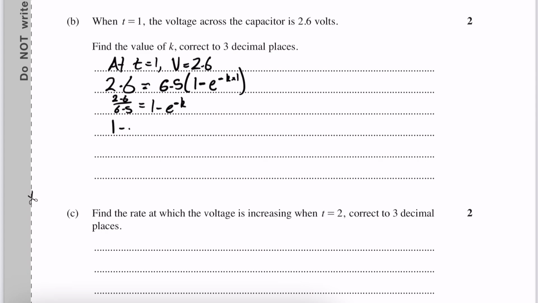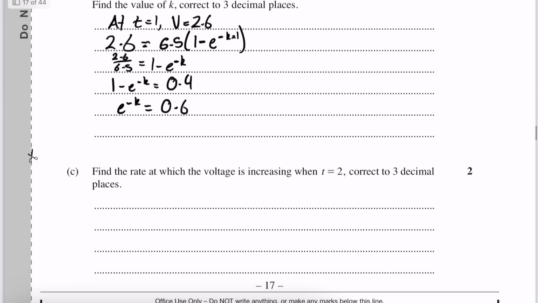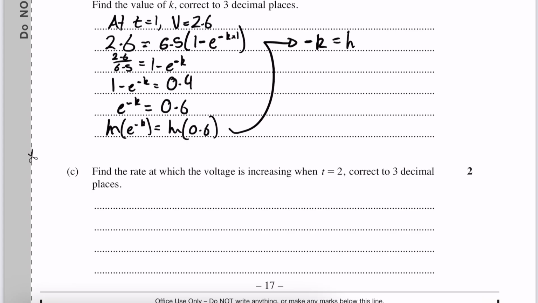And so then you get 1 minus e to the minus k is equal to 2.6 over 6.5, which works out to be 0.4. Rearrange a little bit, you get e to the minus k equals 0.6. And now to figure out k, you've got to log both sides. So log of e to the minus k is equal to log of 0.6. Log of e to the minus k is just minus k. And log of 0.6 stays as log of 0.6.